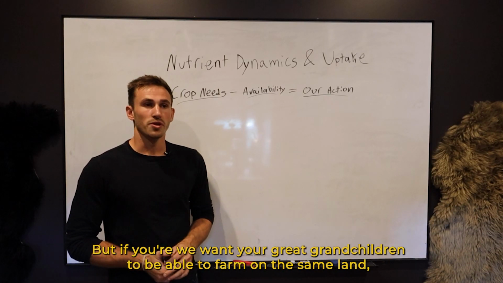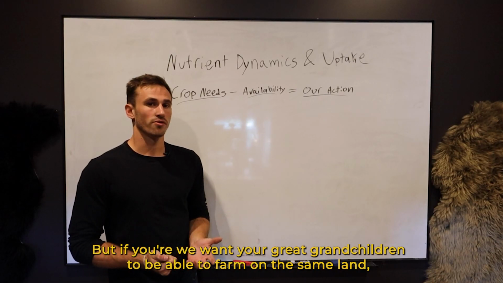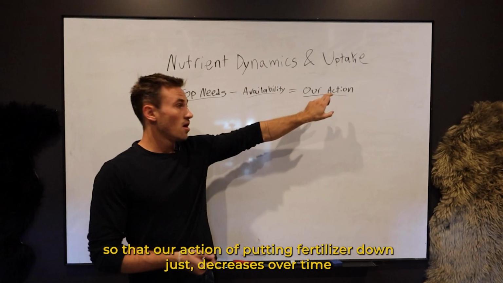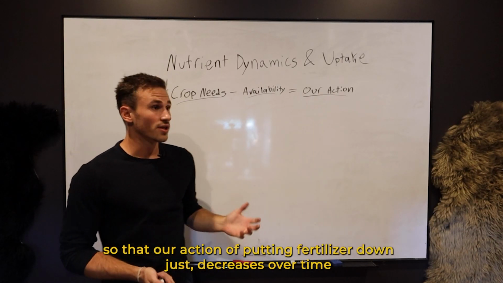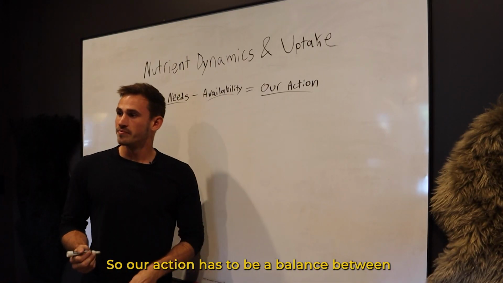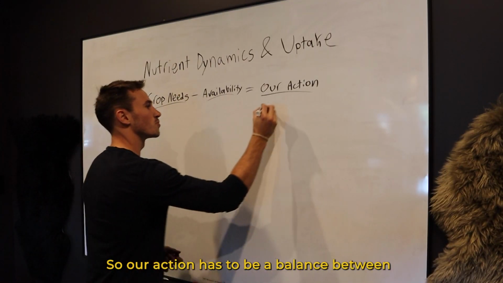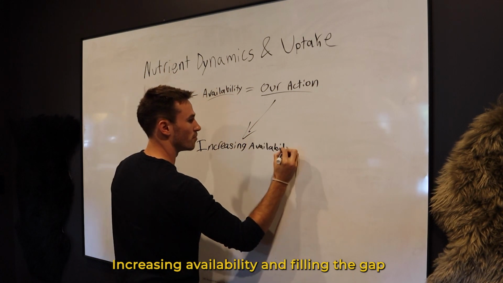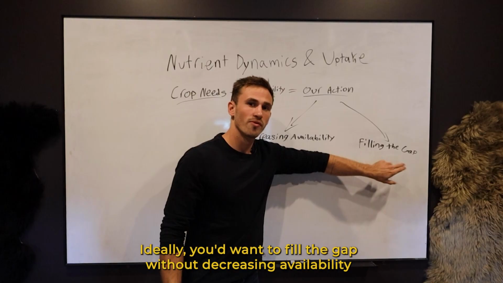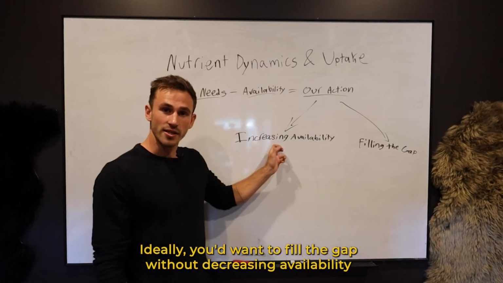But if you want your great grandchildren to be able to farm on the same land, then the goal would be to make this go up so that our action of putting fertilizer down just decreases over time. So our action has to be a balance between increasing availability and filling the gap. Ideally, you want to fill the gap without decreasing availability.